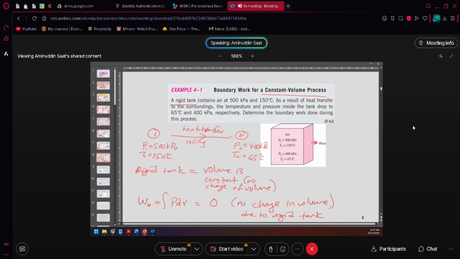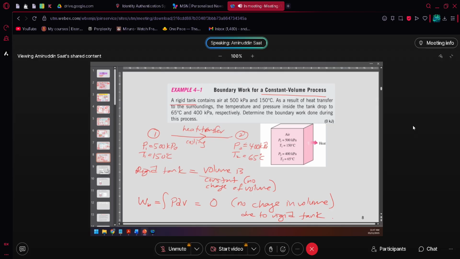So you don't need to solve the problem, even though information is given about the pressure and temperature. Because of the rigid tank, the volume is not changing, and because the volume is constant, the boundary work will be 0. That is the first exercise, which is a bit simple.